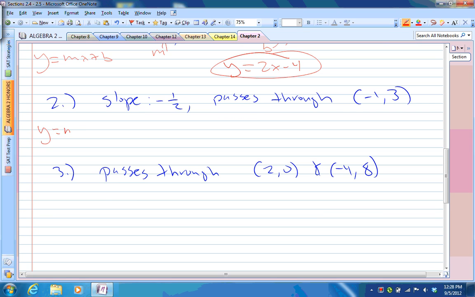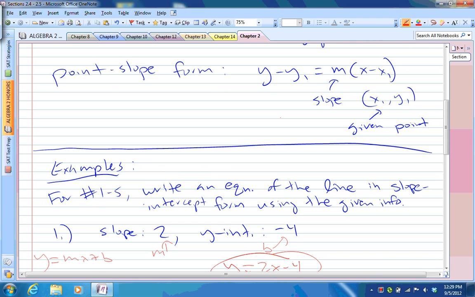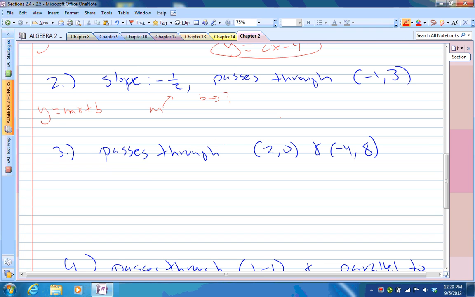Again, we're asked to write an equation in slope-intercept form. So that's m, but b, we do not know. So here's what you can do. You can actually use the point-slope formula to help you out. y minus y1 equals m times x minus x1. So I'll say y minus 3 equals negative half times x minus negative 1.